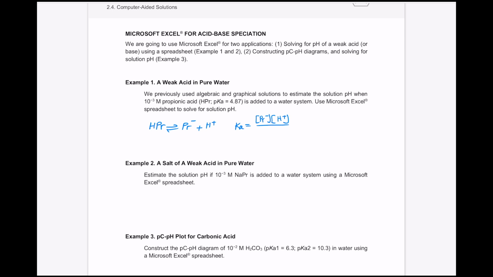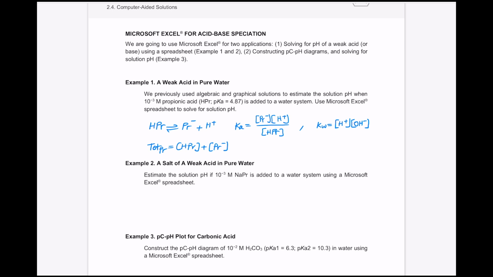For any aquatic system, we also have water, so we're also dealing with this Kw, representing the product of the proton and hydroxide concentrations in the system. The total mass balance for PR in the system is basically the concentration of HPR plus the concentration of PR minus.